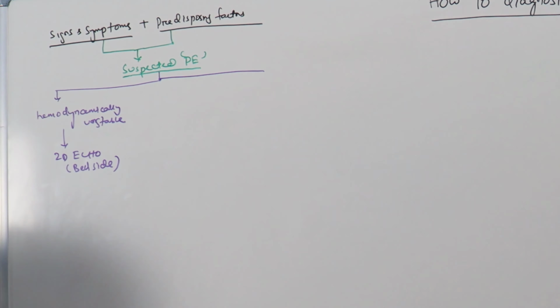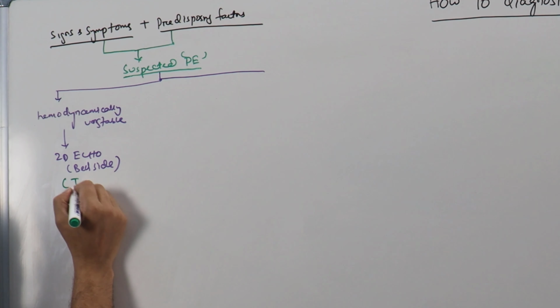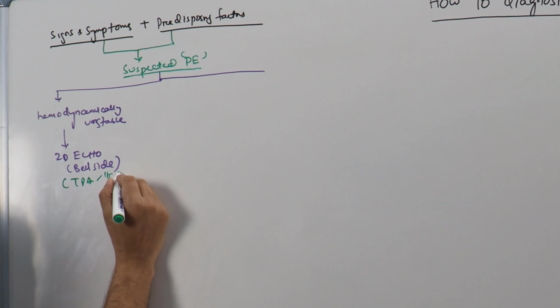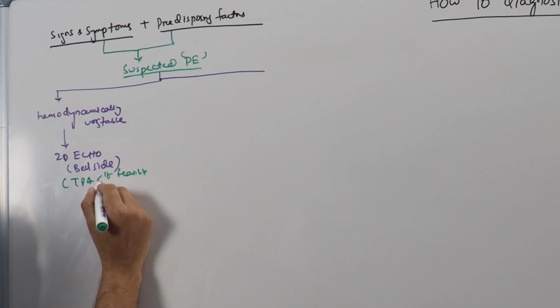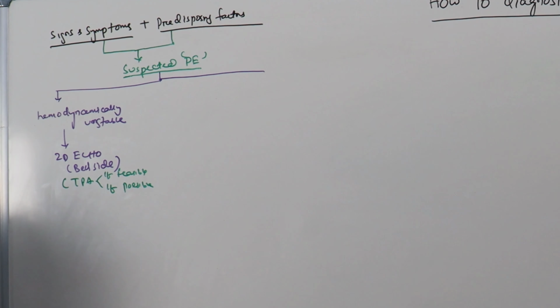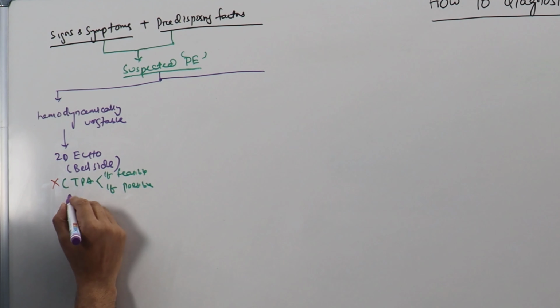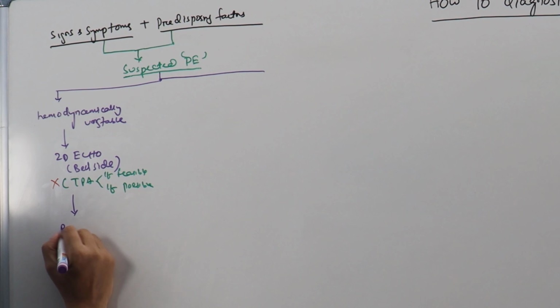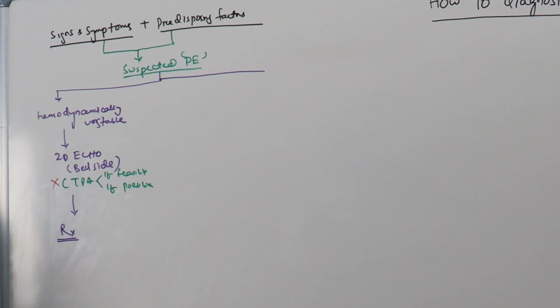Right. CT is also an option here, if feasible or if possible. But in most cases, it cannot be done because the patient is hemodynamically unstable. So then, if 2D echo is suggestive, you treat the patient, end of the series.